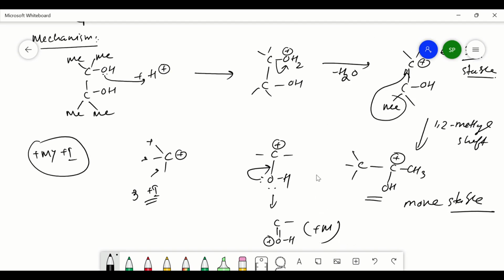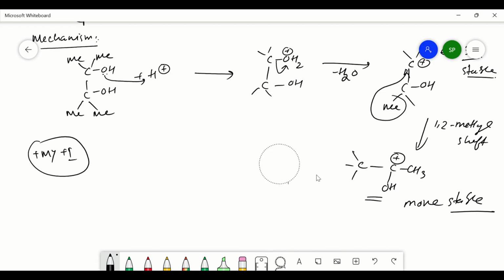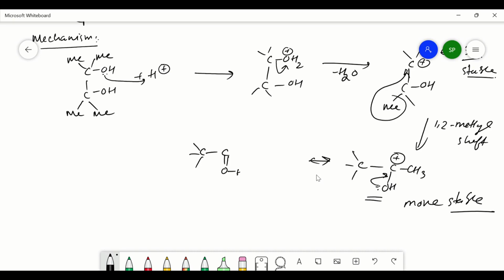If you see the resonance stabilized structure of this one, this lone pair will move here. There will be formation of C double bond OH plus, single bond CH3.